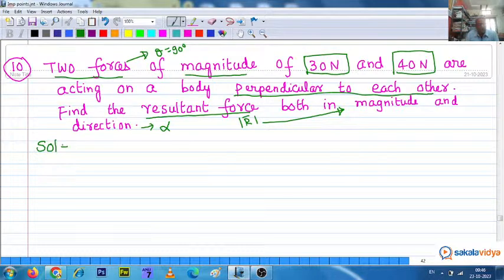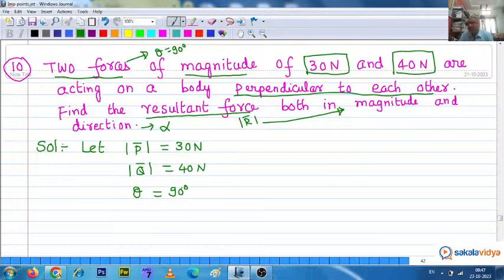So given data, let us say mod P bar is equal to 30 newtons, mod Q bar is equal to 40 newtons, the angle between them theta is equal to 90 degrees. But theta equal to 90 degrees was not given directly in the question, but we need to understand.